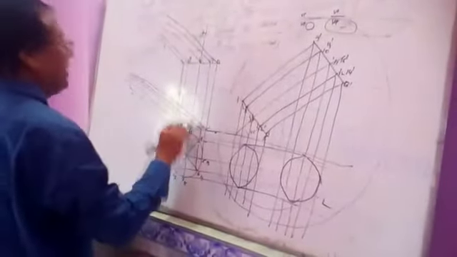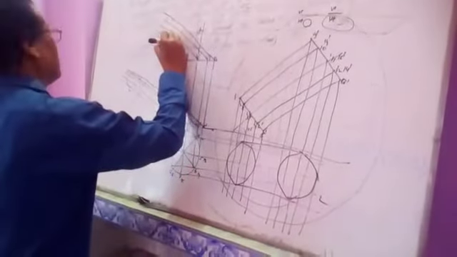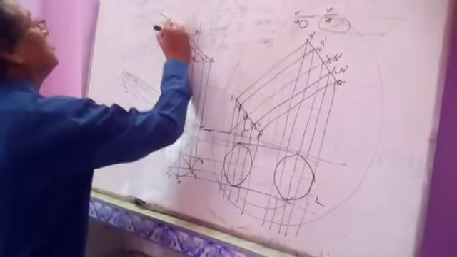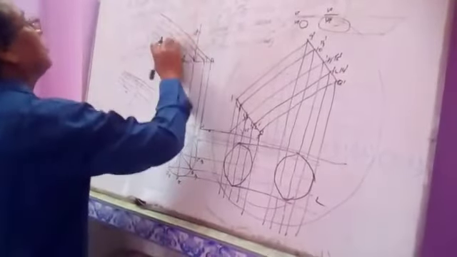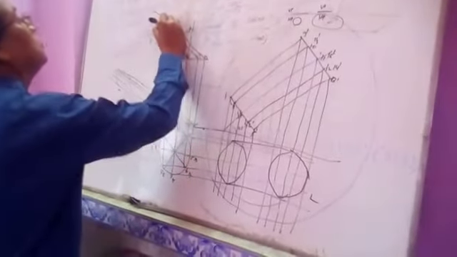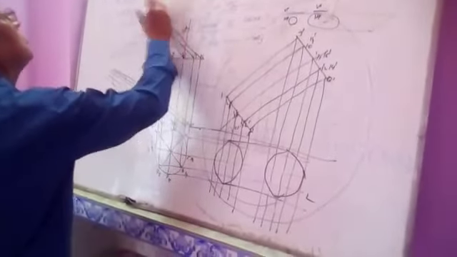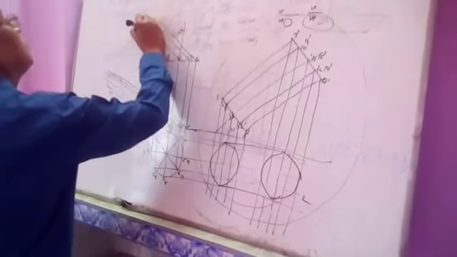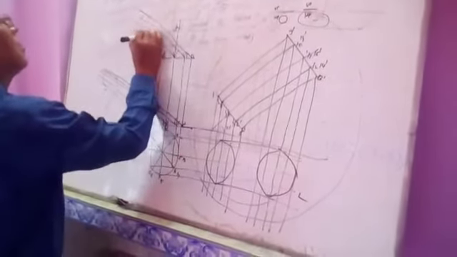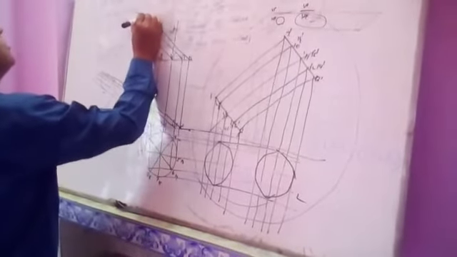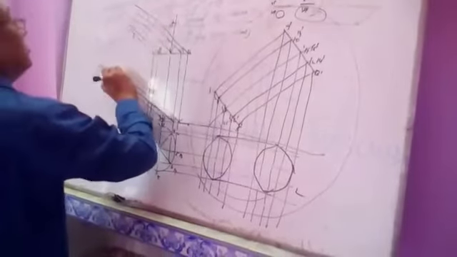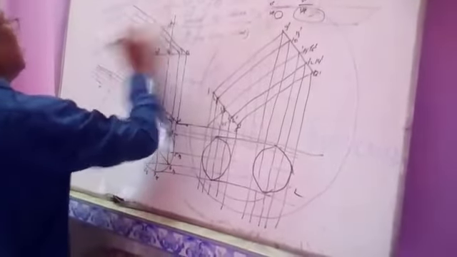Similarly, this will be 10. This will be 11. 12, 13, 14, 15 and 16. And it will be blue lines. And you can join all these.